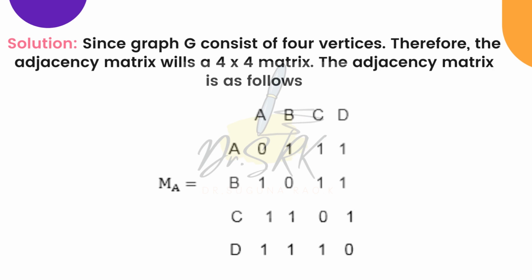A to A: A is not connected to A, that's why we take the value 0. A to B: A is connected to B, that's why we take the value as 1. A is connected to C, that's why we take the value of 1. A is connected to D, that's why we take the value of 1. Like this for B, C, D. So this is the adjacency matrix of the given undirected graph.